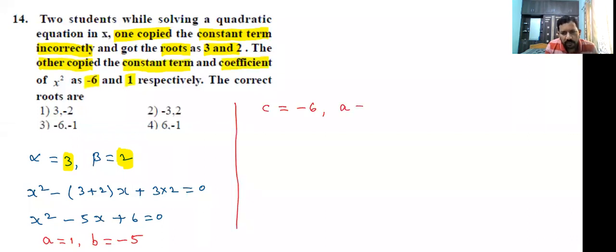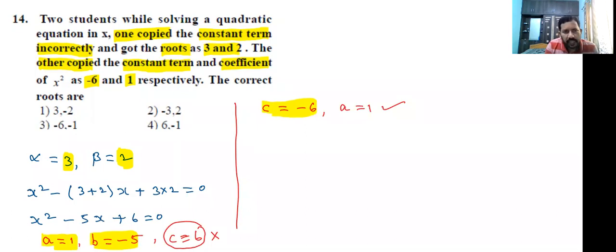And the x square coefficient is 1. These are correct. Here c is equal to 6, this is the incorrect value. Overall, observe what the correct coefficients are: a is 1, b is equal to minus 5, c is equal to minus 6.